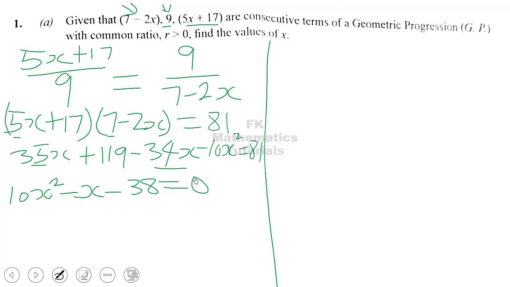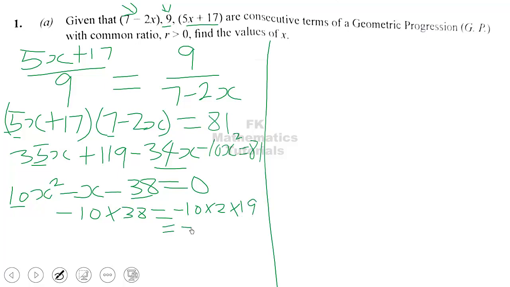So I need to multiply 10 by negative 38. That will give me, this is the same as negative 10 times 2 times 19.